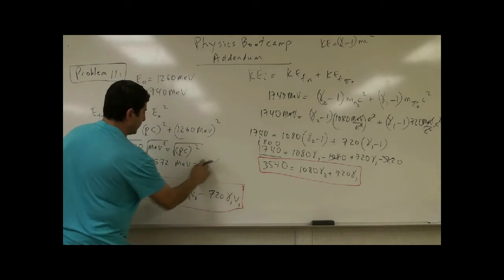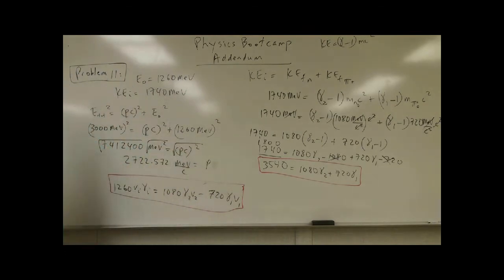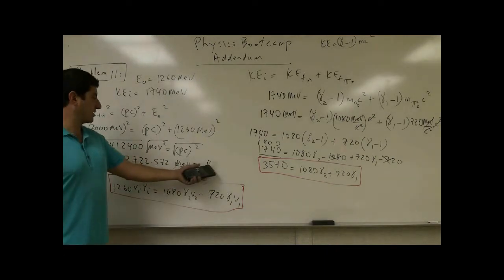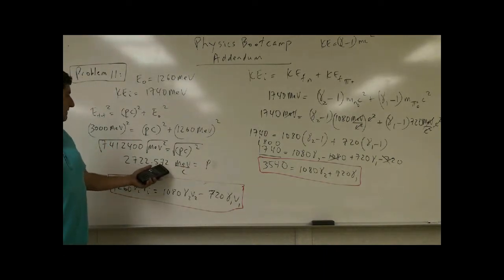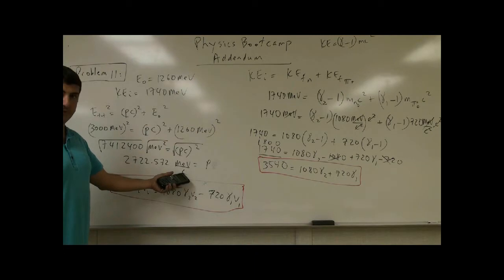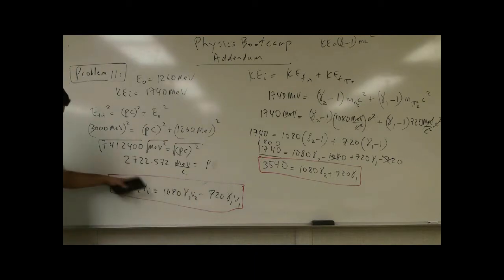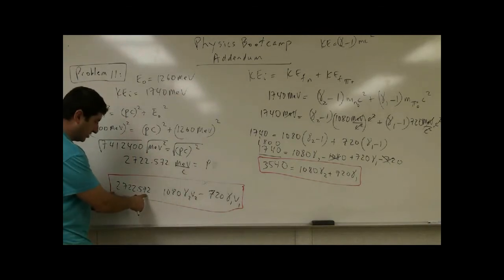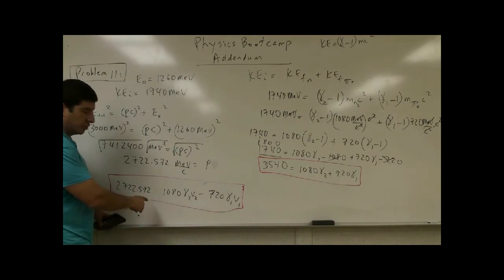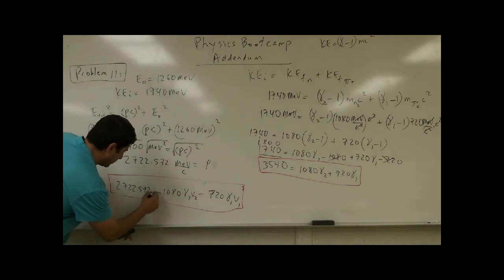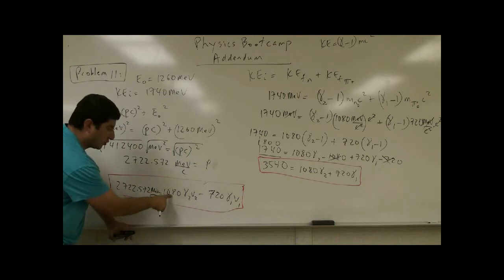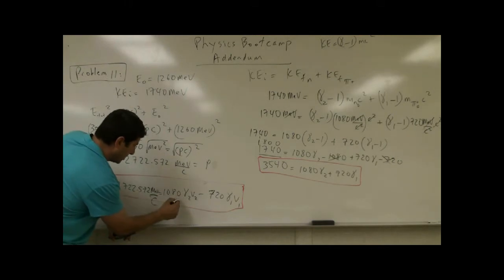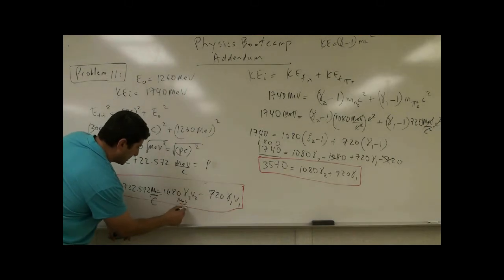And then if you divide this by C, it comes out like this. So the linear momentum is equal to 2722.572 mega electron volts divided by the speed of light. So I can put it right here. The only thing you have to be careful for now, since we changed this, is the units. Remember, this was mega electron volts divided by C, right? What were these original units? It was mega electron volts divided by C squared.